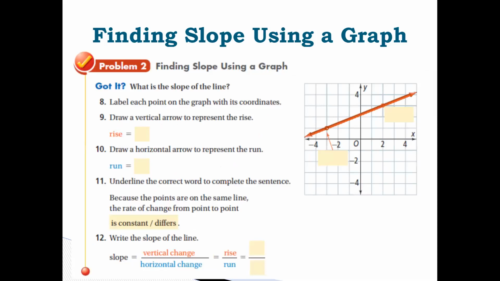Looked at those. Now here's where we get into finding slope using a graph. And what you see on here is a line. Is it positive slope or negative slope? I hear one vote for negative. Anybody disagree? Negative. Another vote for negative. Anybody disagree?